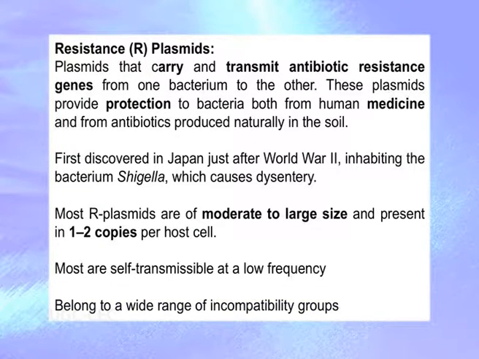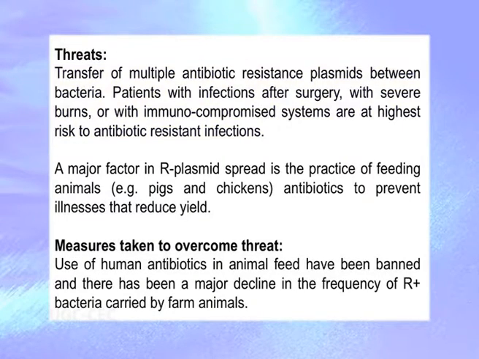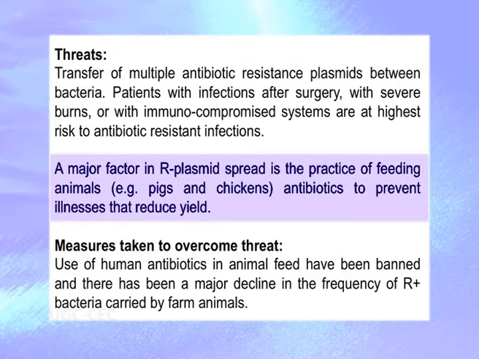There are certain threats associated with these plasmids: patients who are severely immuno-compromised or who have had certain surgery are at risk of antibiotic-resistant infections. The second threat is that feeding animals with antibiotics leads to the spread of antibiotic resistance genes to the humans who consume those animals.